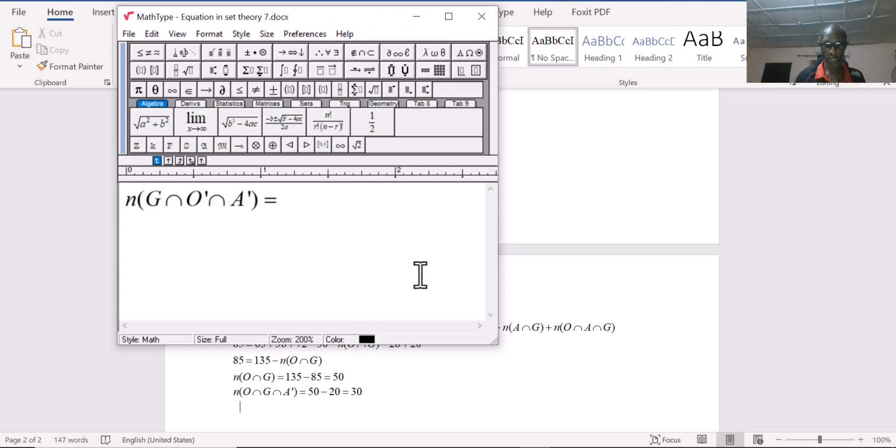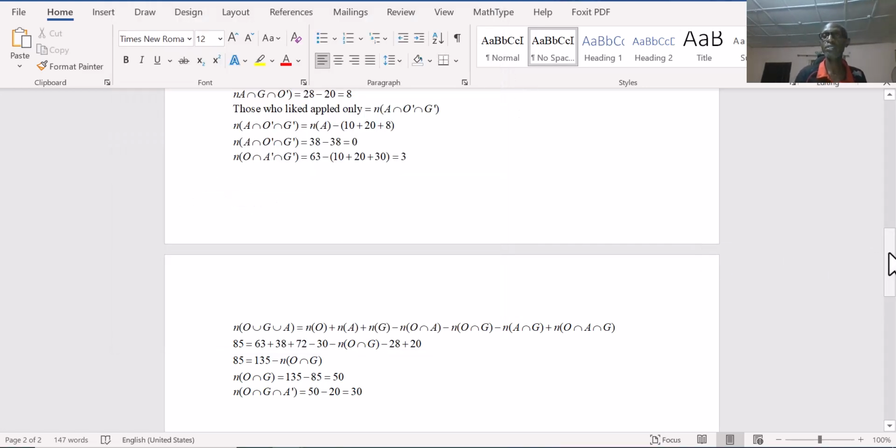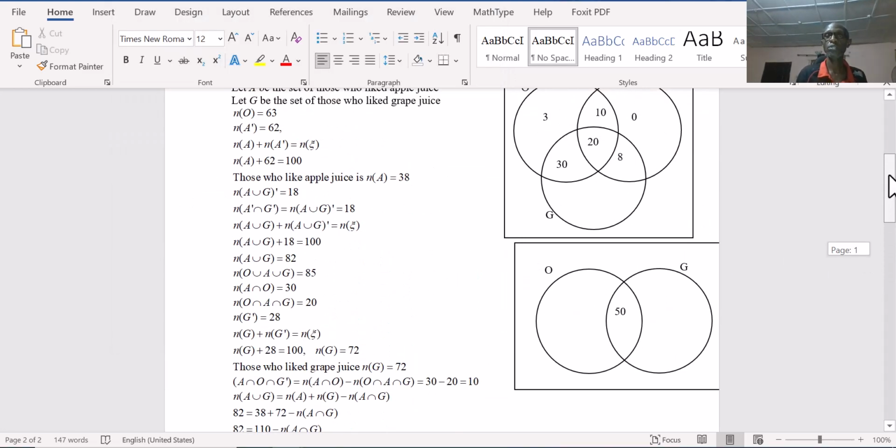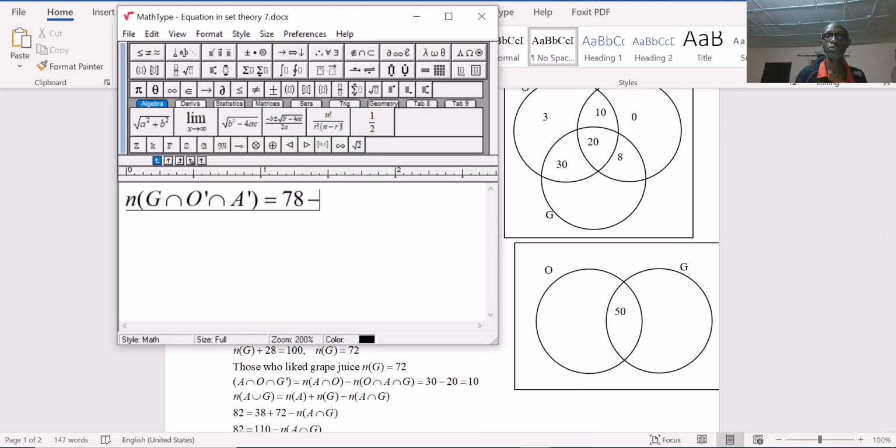So we have this one, that's 72. So if we have to subtract, I want you to see. If you look at it, we have to subtract 20 plus 30 plus 8. So that's 58.